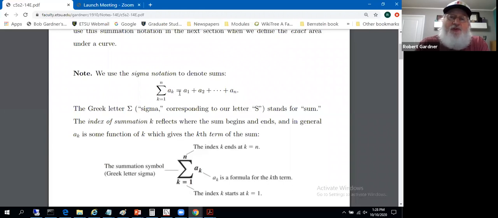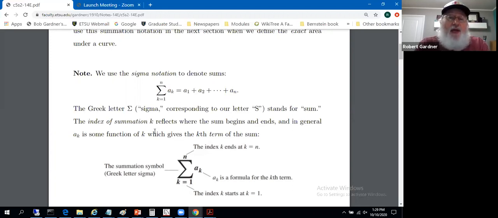So this is simply shorthand notation for a sub 1 plus a sub 2 plus a sub 3, dot, dot, dot, plus a sub n. So it must be that a sub k is some kind of function of k in its most general form. For us, those functions will be fairly elementary, but that's what we're getting out of this summation notation.